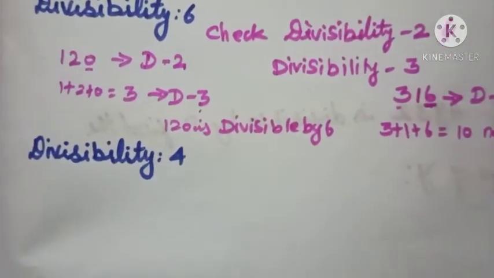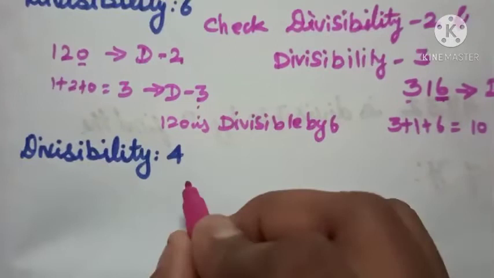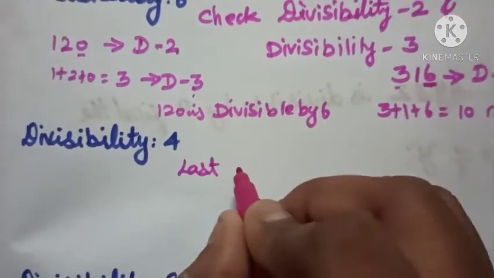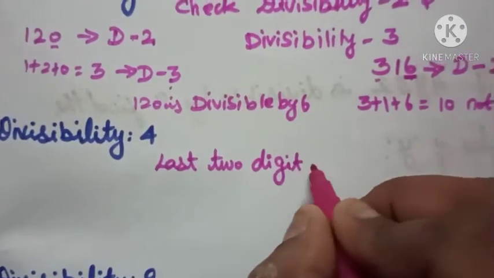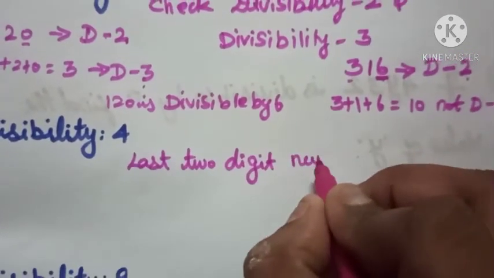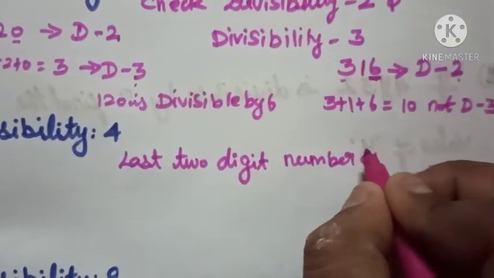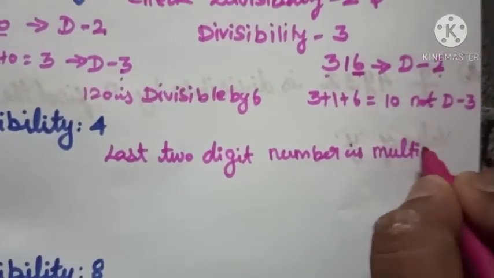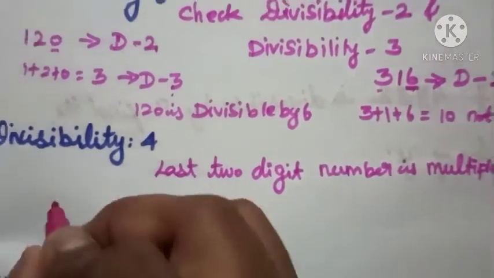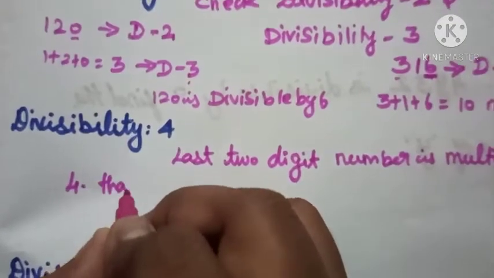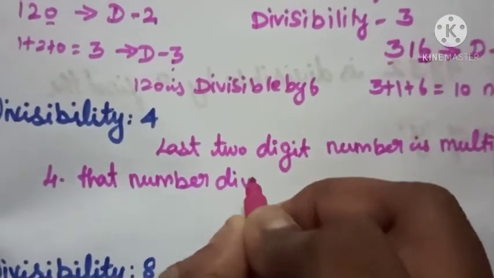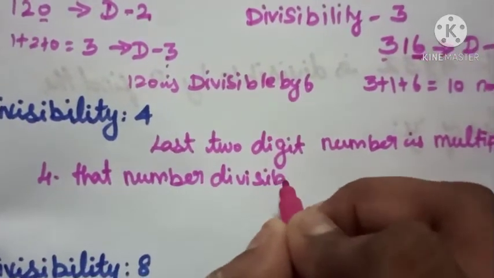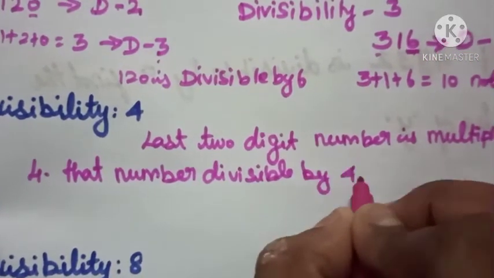For this, we need to take the last 2-digit number. If the last 2-digit number is a multiple of 4, that number is divisible by 4.